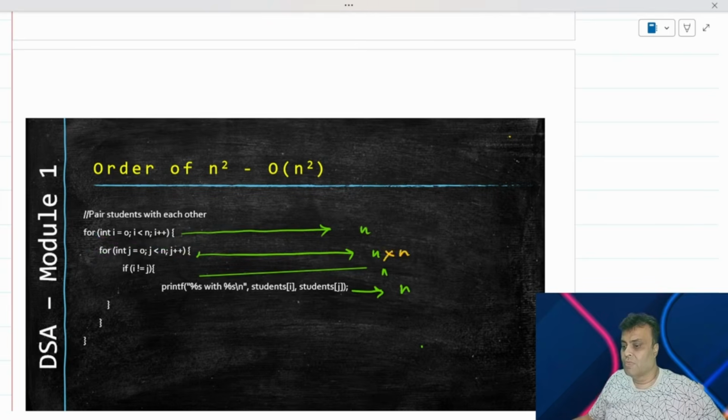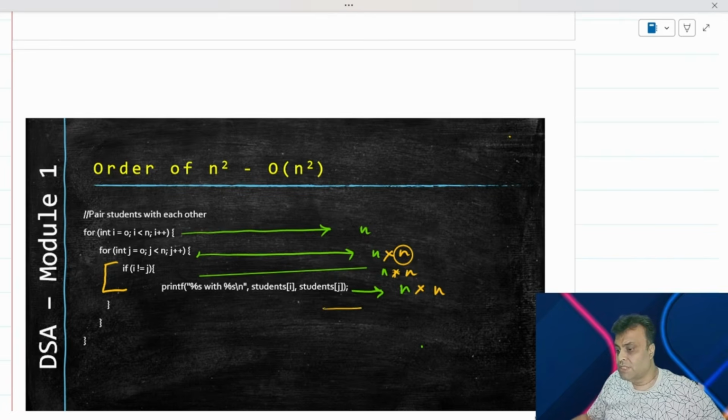Every time the outside loop enters, n times it enters, every time this inside loop executes n times. That's why there is a multiplication sign. Now consider the inner loop. These two lines will execute in the order of n times, because the outside loop executes this second loop n times. So every line inside will also execute n times.